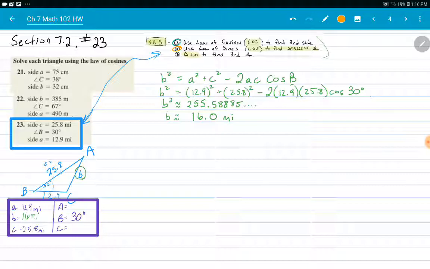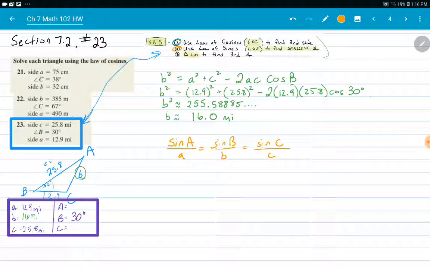That's different than if I had three angles to find. If I have three angles to find, I start with the largest one, but if I only have two, I start with the smallest one. So law of sines looks like sine of A over A equals sine of B over B equals sine of C over C. I'm going to pick two of those to make a proportion and cross multiply.